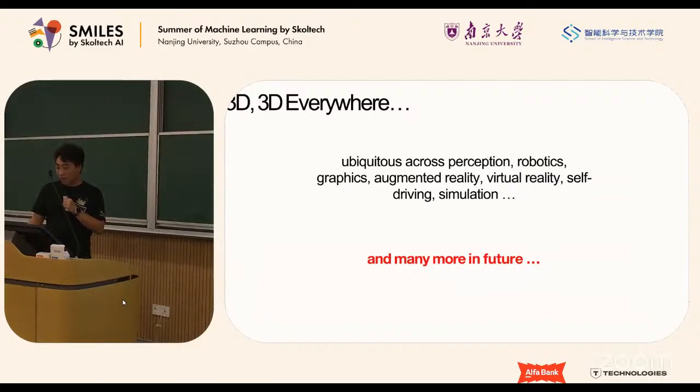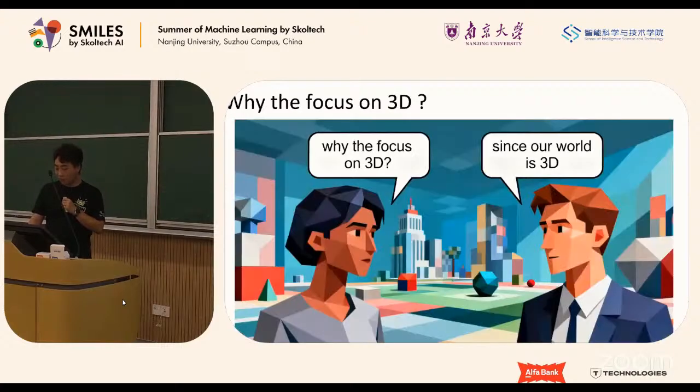So 3D vision is already used across perception, robots, graphics, and augmented and virtual reality. Its importance will continue to grow as AI moves from understanding digital content towards operating in the physical environment.